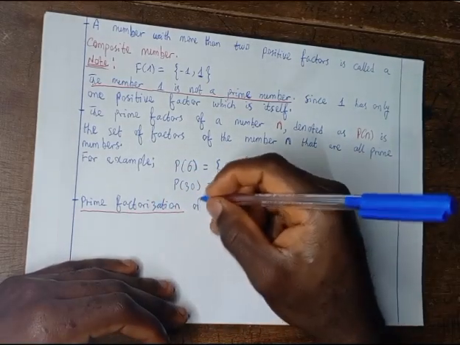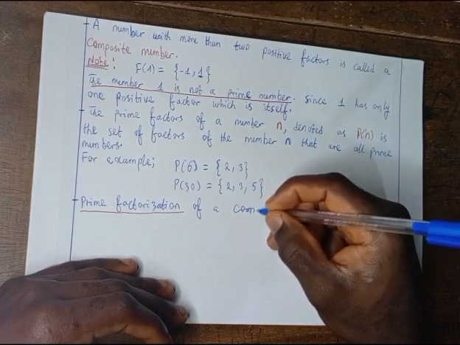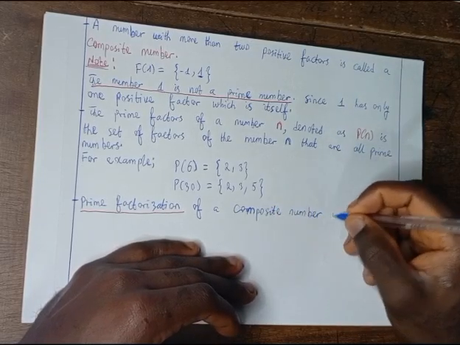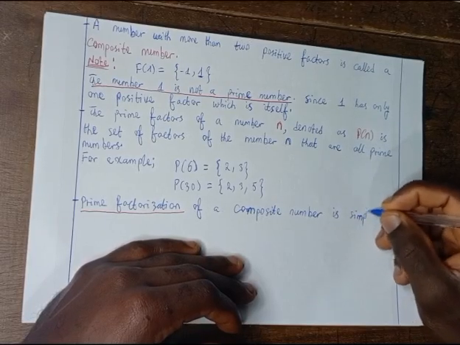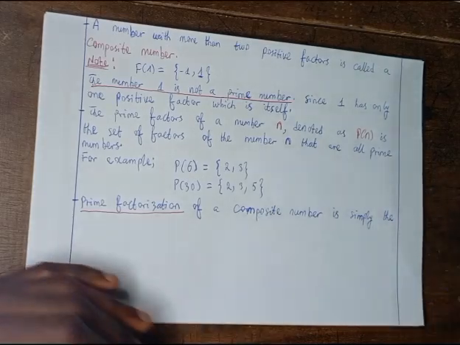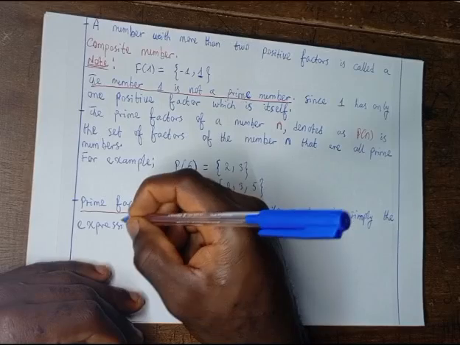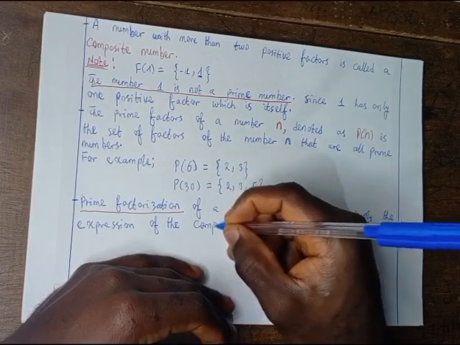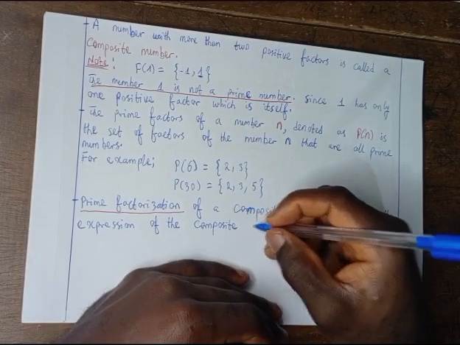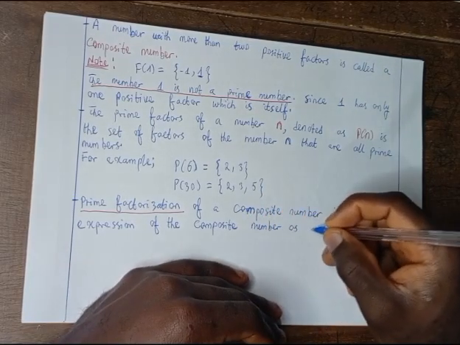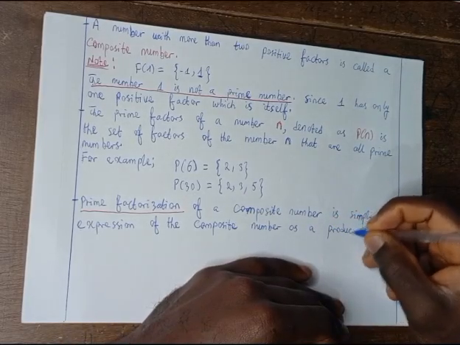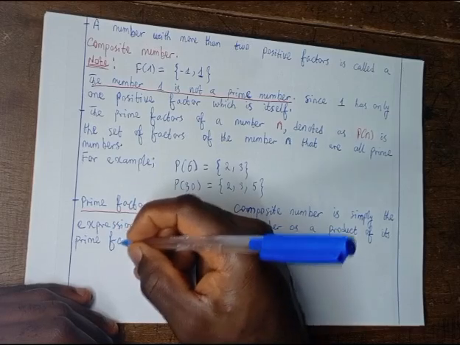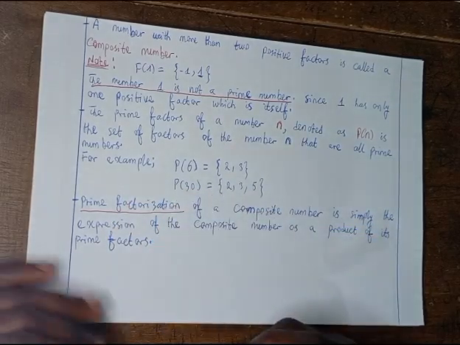Prime factorization of a composite number is simply the expression of the composite number as a product of its prime factors. As a product of its prime factors.